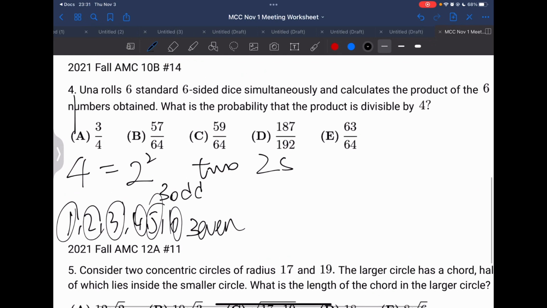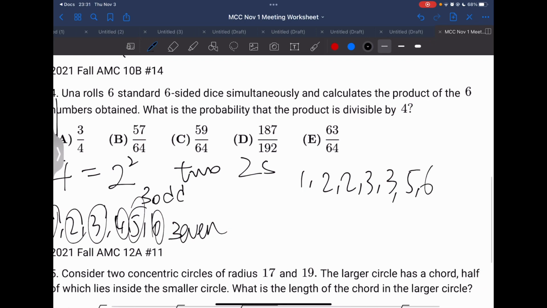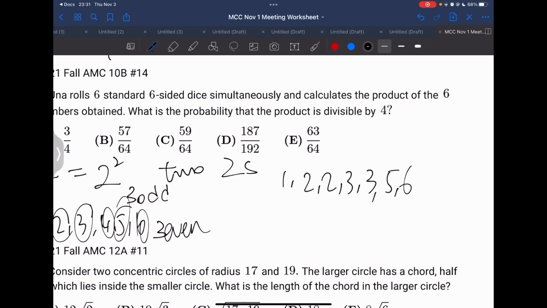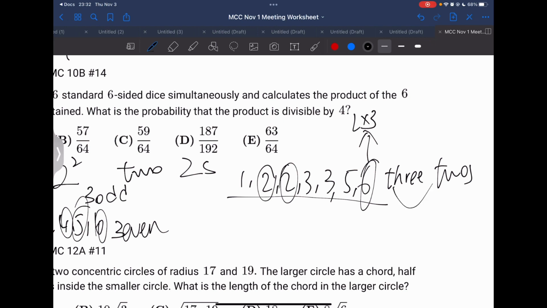And we think of a scenario where we get the 6 numbers 1, 2, 2, 3, 3, 5, 6, and this is divisible by 4 because there are three 2's in this product. The 6 contributes a 2 because 6 equals 2 times 3. And this is divisible by 4.